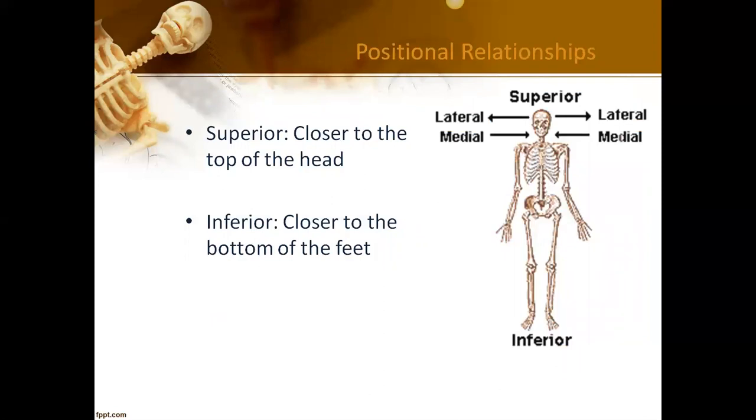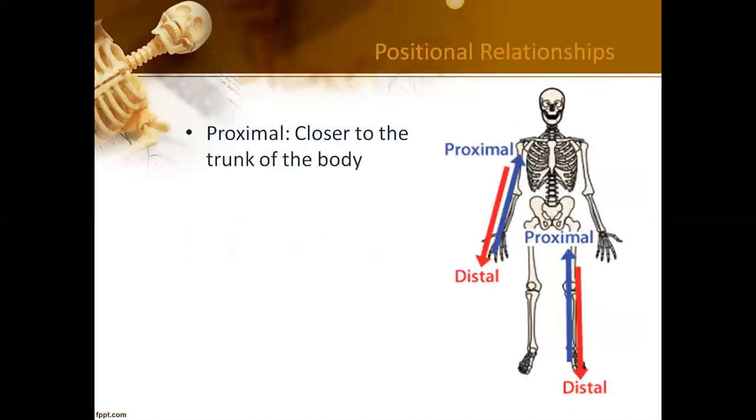Now, when we talk about bones in relationship to each other, like this bone is more lateral than that bone, we use terms like superior, which means closer to the top of the head, and inferior, which is closer to the bottom of the feet. And then other positional terms are proximal, which means closer to your body.